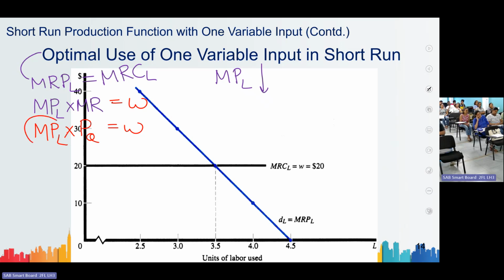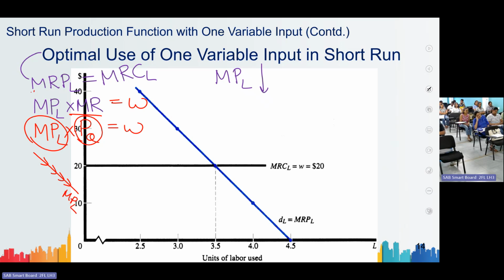Marginal product of labor, what is its behavior? It's declining. A declining curve multiplied by a fixed number. This is marginal product of labor.